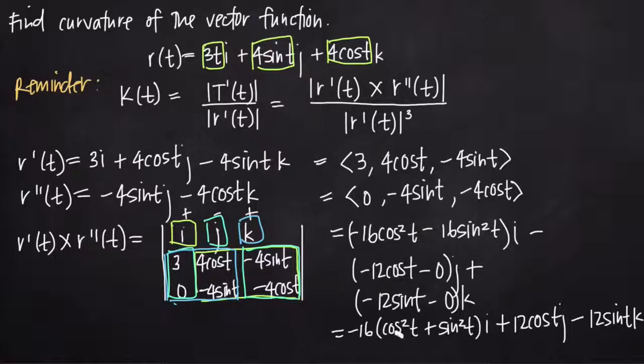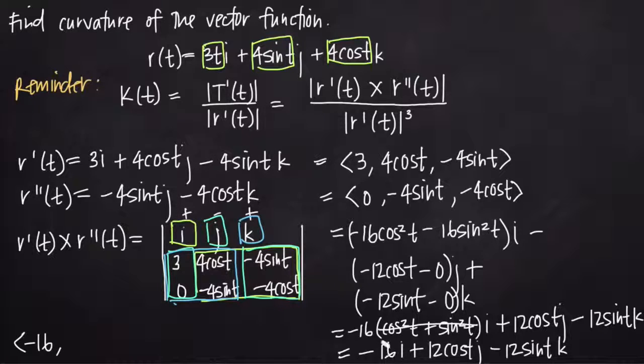Now, because cosine squared t plus sine squared t is just 1, we know from the trigonometric identity, negative 16 times 1 just gives me a negative 16. So my result is negative 16i plus 12 cosine of t times j minus 12 sine of t times k. And if I pull the component values out of that, taking the coefficients, I get negative 16, 12 cosine of t, and negative 12 sine of t.